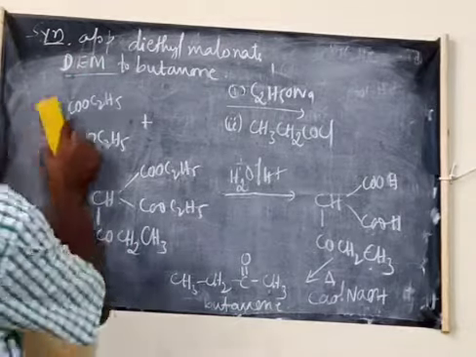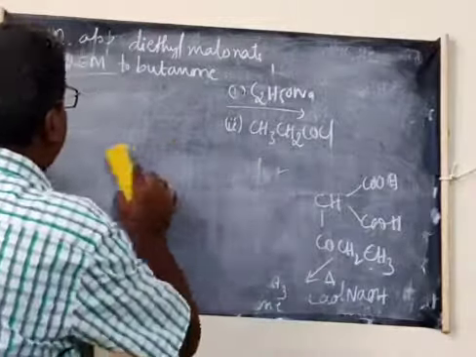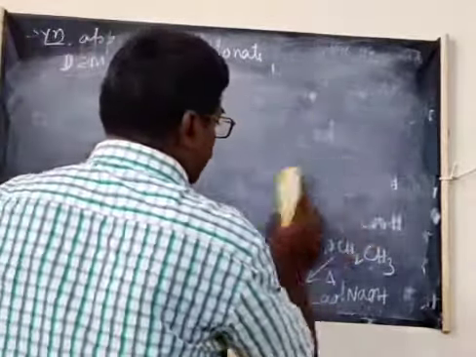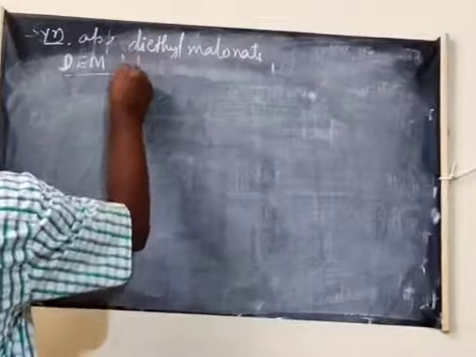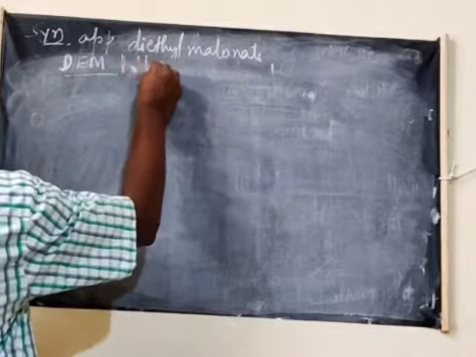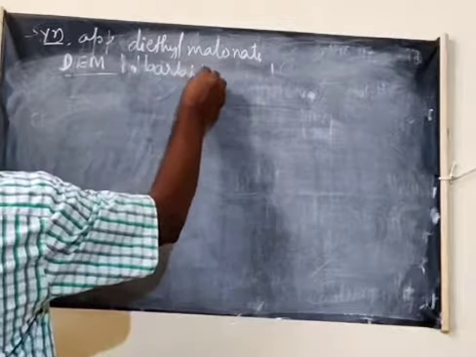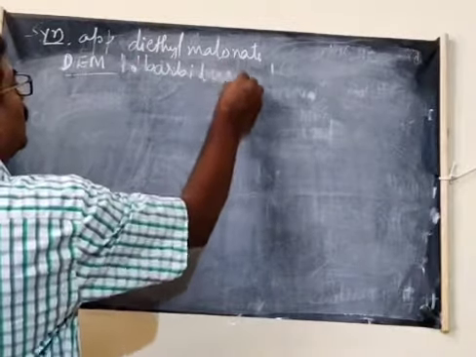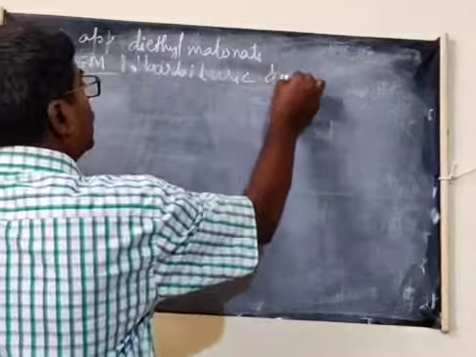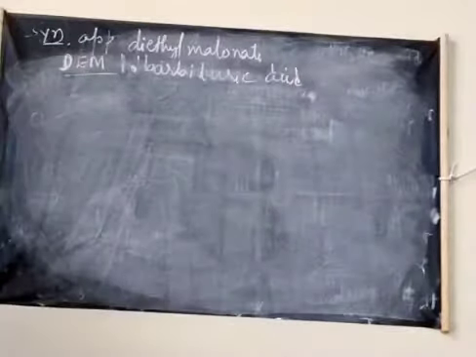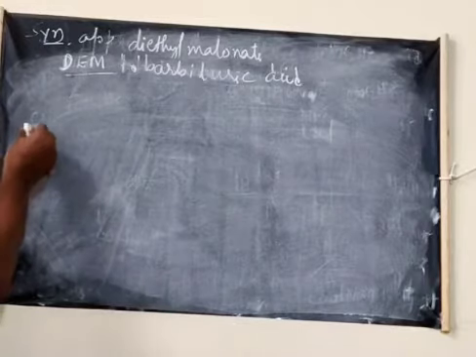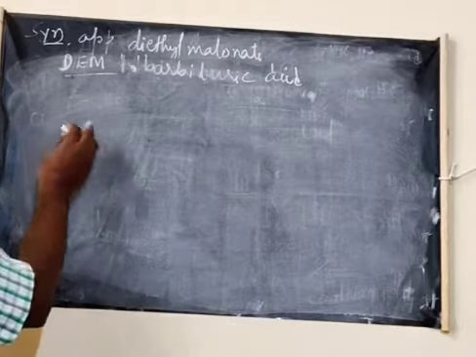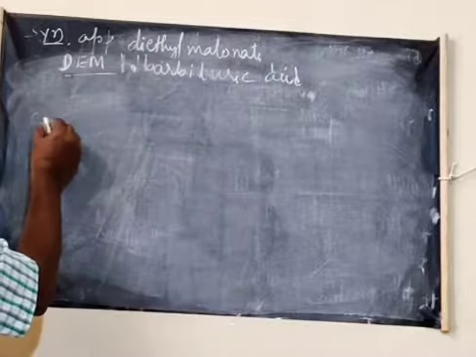Next one is conversion of diethyl malonate to barbituric acid. Here diethyl malonate is treated with urea, undergoes condensation to form barbituric acid.